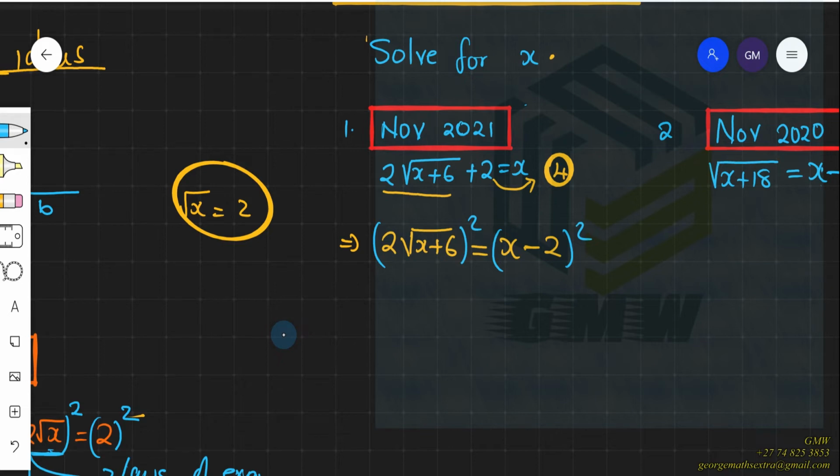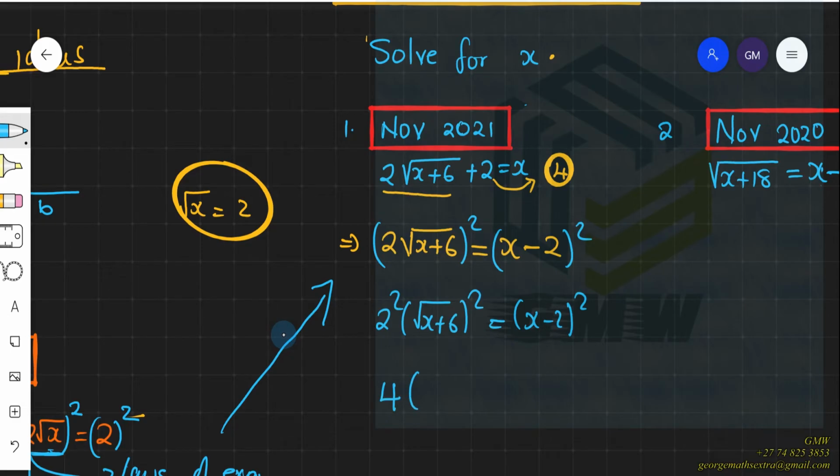Now, remembering the laws of exponents as said here, the 2 will also be squared. So I have 2 squared multiplied by the square root of x plus 6 also squared equals x minus 2 squared. Now, if I square a 2, I'll get a 4. If I square what is under the root, the square root will go away. I'll have x plus 6 equals.